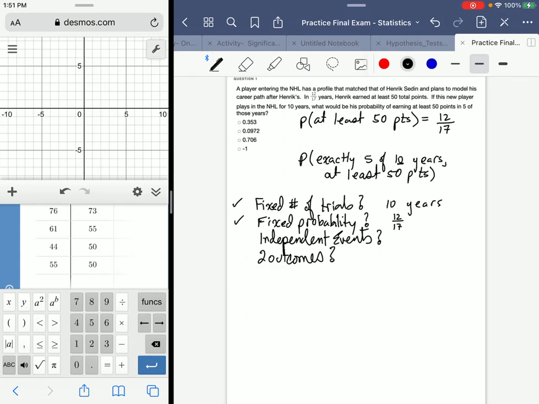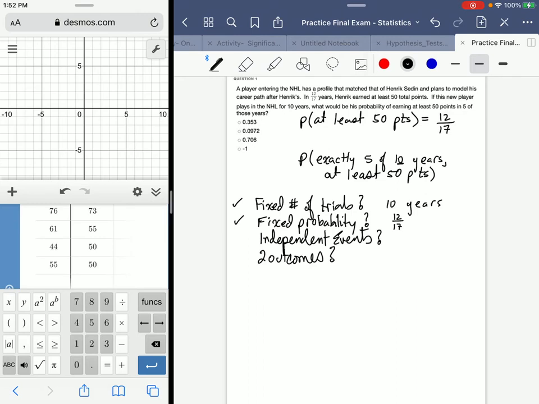If he earns at least 50 points in one year, does that mean he can no longer earn more than 50 points in another year? I would say I don't know. I'm putting myself in the shoes of a person who has no idea what this NHL thing is all about. I would say I have no idea. But odds are it's going to be a check if all the other 3 conditions are met.